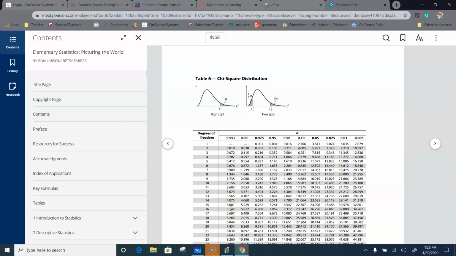80% confidence means that, for 80% confidence, I just want to look at these two columns right here and here, 90 and 10, right? Because if there's 80% in the interval, there's 10% in each tail. So I go through 16. My chi-squared left is going to be that 9.312.